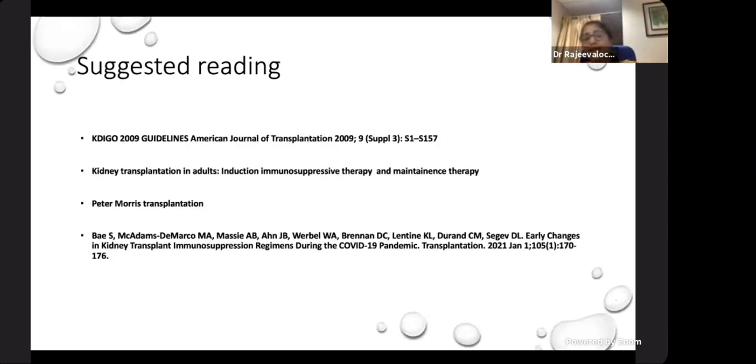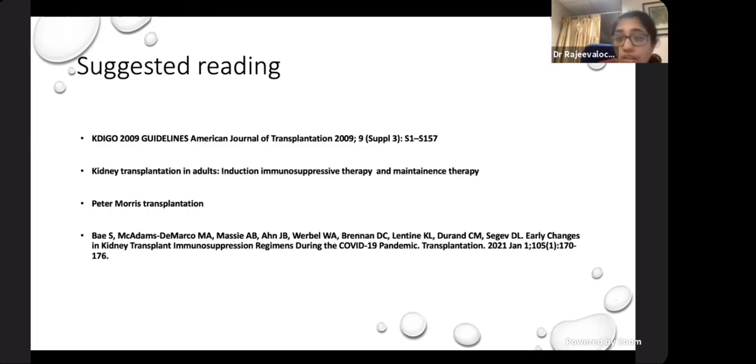I would suggest reading the KDIGO 2009 guidelines. A little old, but it fairly covers most of the immunosuppression. We have more recent 2020 guidelines, but that basically covers only the workup of the patient. The chapter on kidney transplantation in adults in UpToDate covers both the induction as well as maintenance immunosuppressive therapy in great detail.